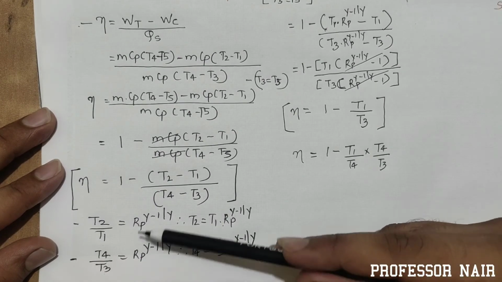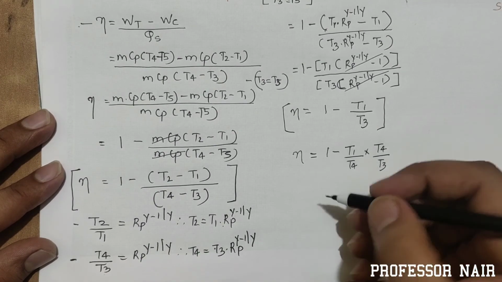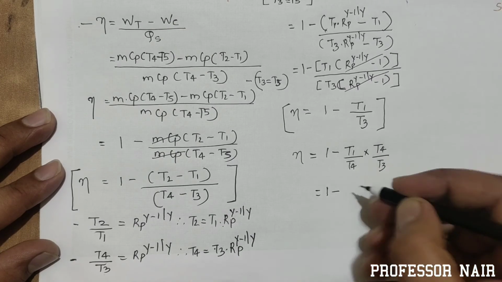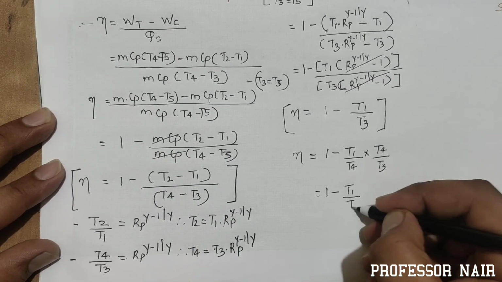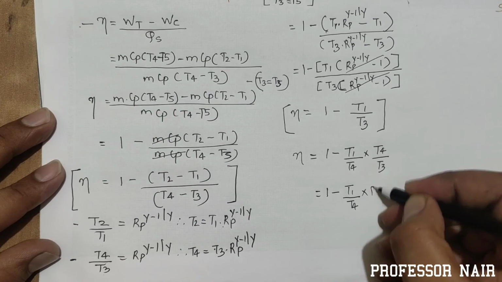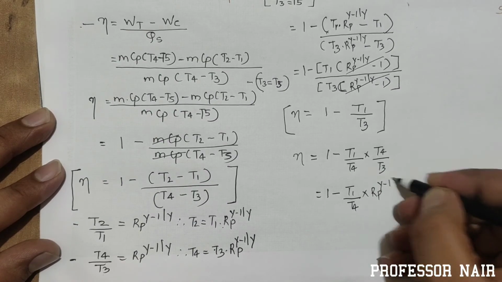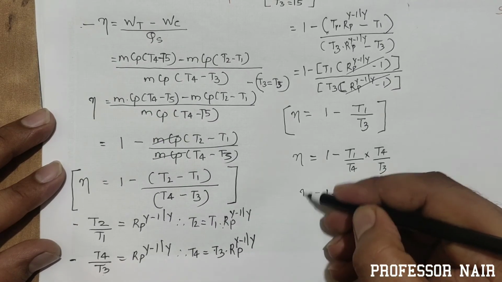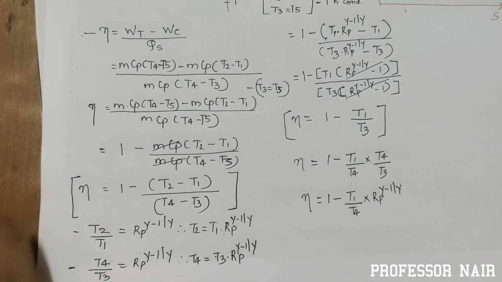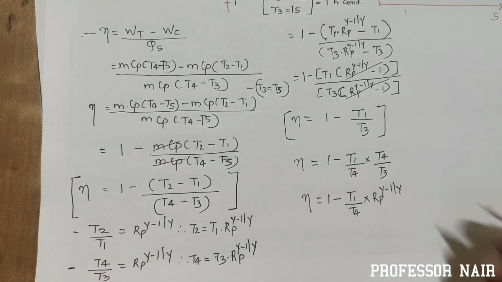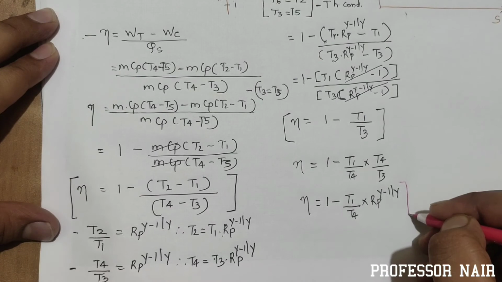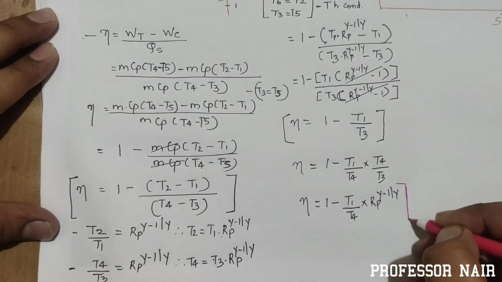It is nothing but Rp raised to (gamma minus 1) upon gamma. So right here, 1 minus T1 upon T4 into Rp raised to (gamma minus 1) upon gamma. So this is the formula for efficiency for the regeneration process, dear students.